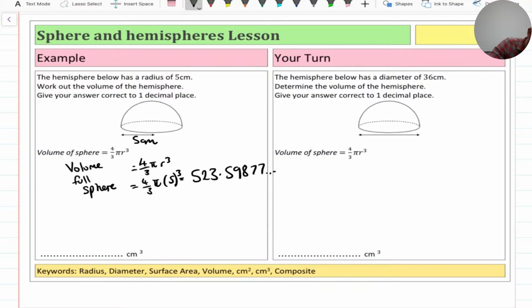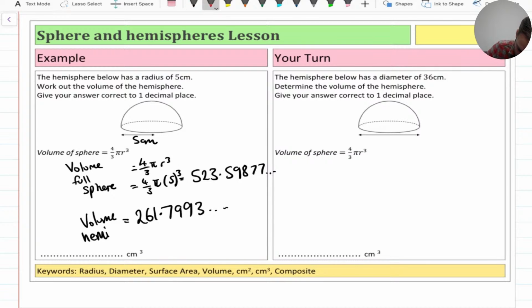So 523.59877 divided by 2. And that gives us the volume of the hemisphere is equal to 261.7993, continuing on.